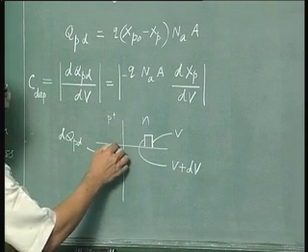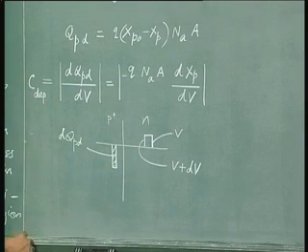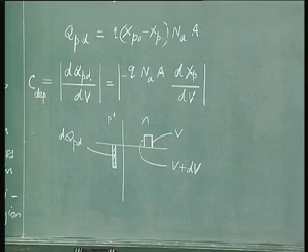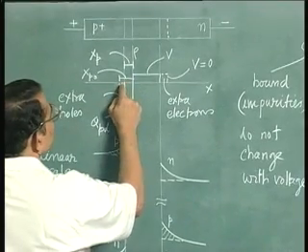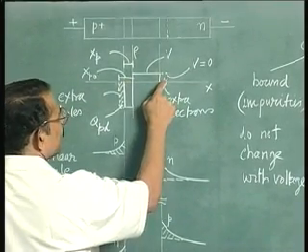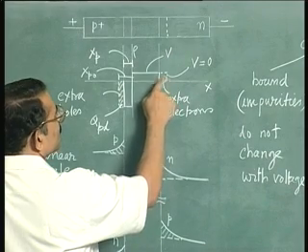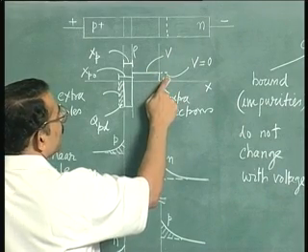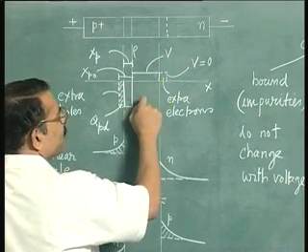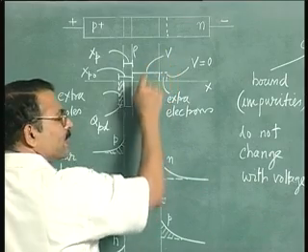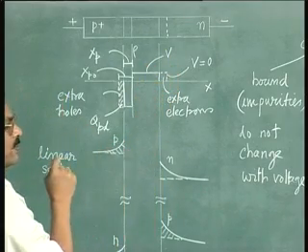Then the thickness of these regions will be very, very small. Here we have shown these changes with reference to the equilibrium condition. Supposing this V is very small as compared to equilibrium, then this V is nothing but the incremental voltage dV.